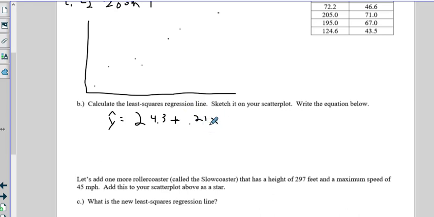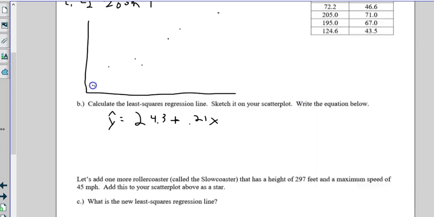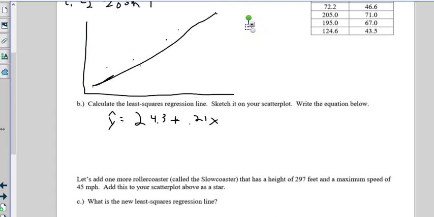Since we just told it to memorize that line, watch what happens now when we just hit zoom 9. You already had the line because you already had that memorized in there, but there's your line. So it kind of looks like it connects from this dot. Something like that.